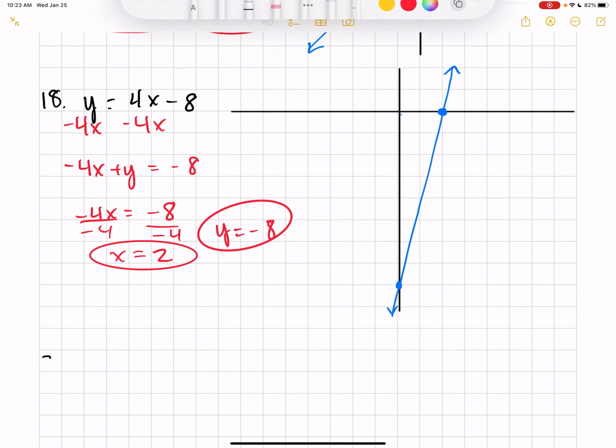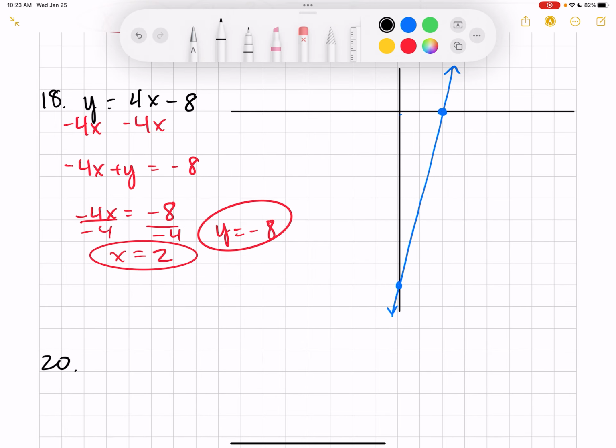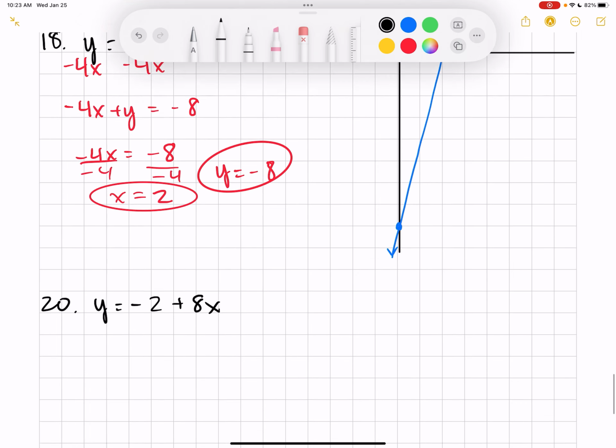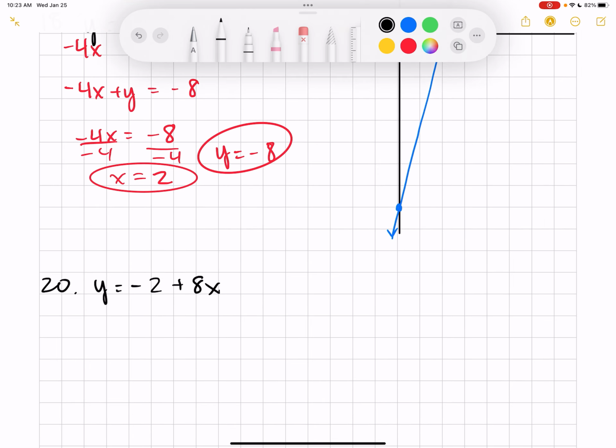Alright, number 20. Y is equal to -2 plus 8x. So what do I need to do first? Subtract 8x. Even though it's in a different spot than normal, we still do the same thing.